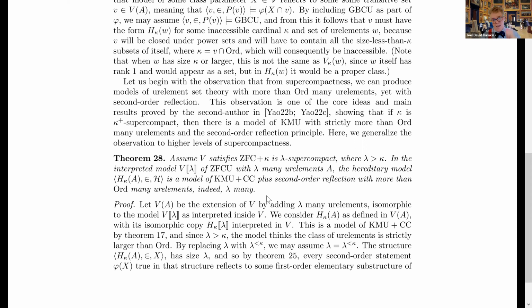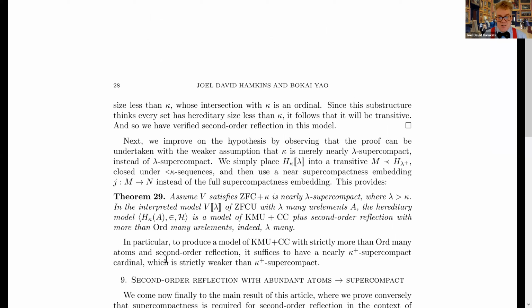And the proof of that is basically that this is a model of size lambda, and because kappa is lambda supercompact, we get reflection for free in that situation, because j image H_κ is going to be a model which is elementary in j of H_κ of A, and so it's exactly the same as the other proof.